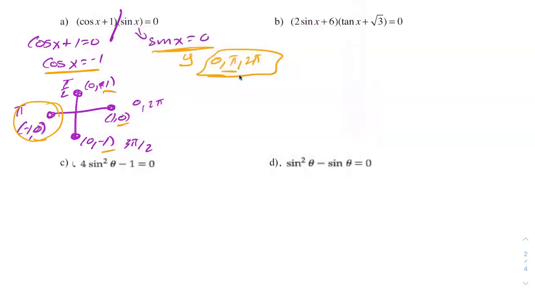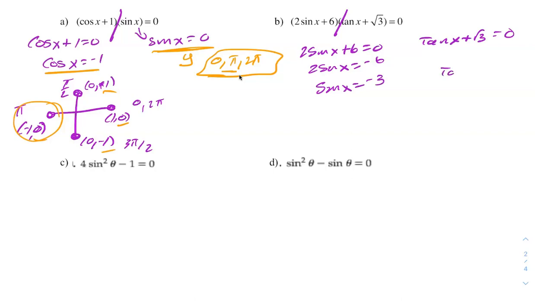Next one, split: 2 sine of x plus 6 equals 0, and tan of x plus rad 3 equals 0. Solve it: subtract 6, 2 sine of x equals negative 6, divide by 2, sine of x equals negative 3, tan of x equals negative rad 3. Now, remember I said earlier, if sine or cosine is bigger than 1 or less than negative 1, no solution, so this is not possible.